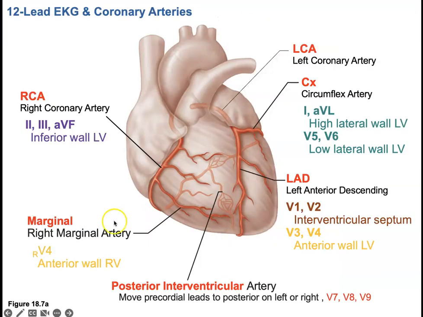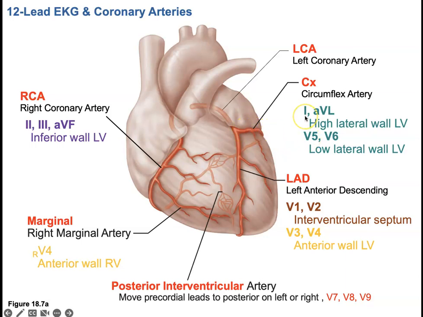So when we look at the actual image, you can see what these leads are looking at. So here's your left coronary artery. Remember that they branch into the circumflex and then the LAD, and then the right coronary artery is going to branch into that right marginal. All right, so the circumflex artery is going to tell you that 1, AVL is what this area is going to be looking at. And so this would be tied directly to what the circumflex artery is doing.